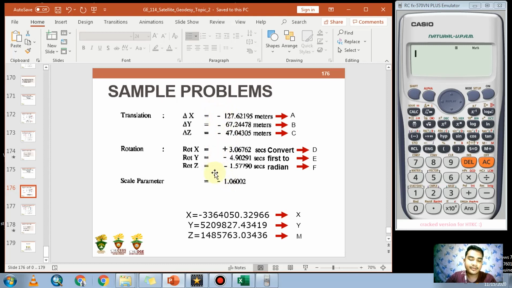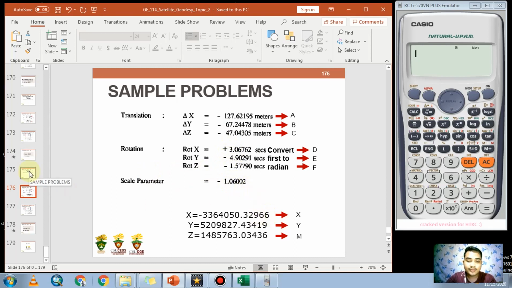Pag ganina positive ni diri ang translation x and y, rotation is x lang ang negative, the rest is positive, and si scale parameter is positive. So karon kay vice versa man ta, PRS to WGS, so reverse na to ang sign. So mahimo na siyang negative, negative, negative. Ang rotation x mahimo na siyang positive, then y ug z ma negative, ug si scale parameter ma negative, no?